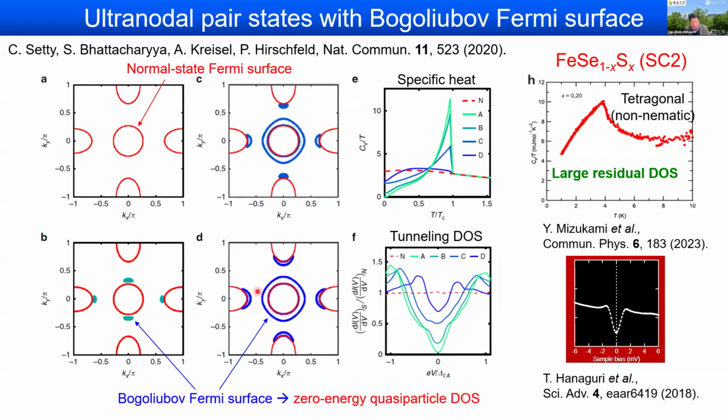If you have this kind of Bogoliubov Fermi surface, you can easily expect the finite residual density of states in C over T, or the zero energy tunneling density of states, which are consistent with what we have observed in this SC2 region. Importantly, they assume the time reversal symmetry is broken.